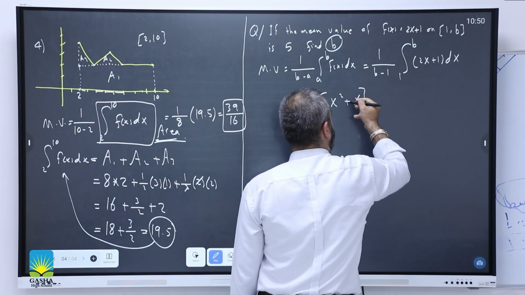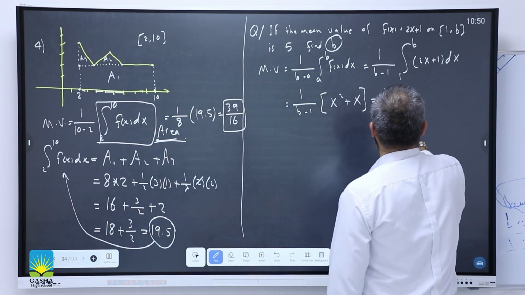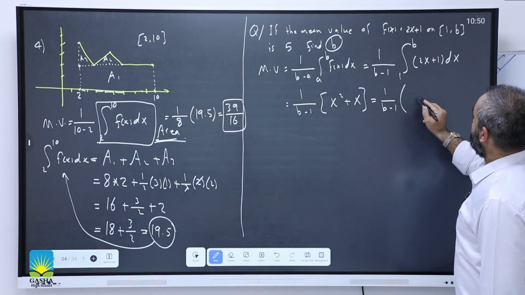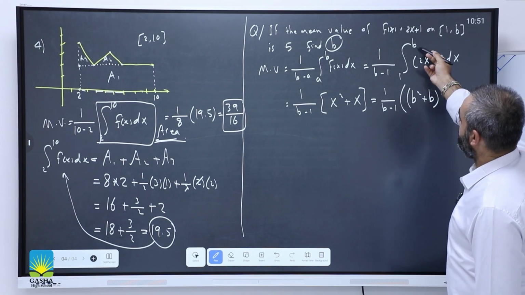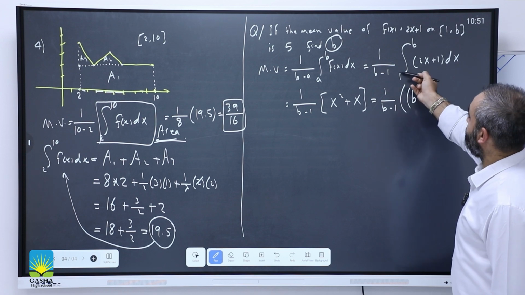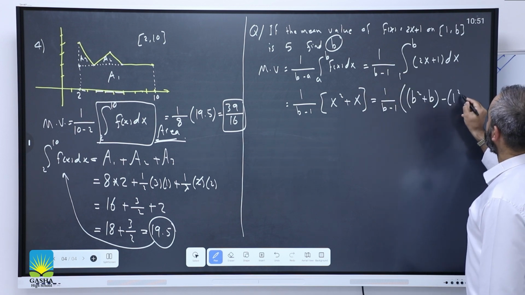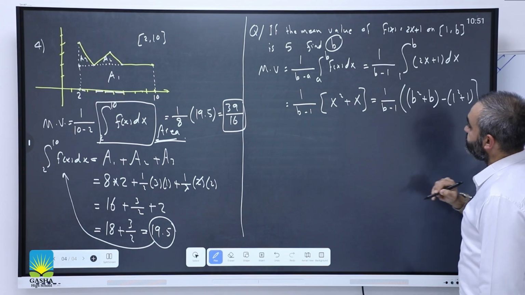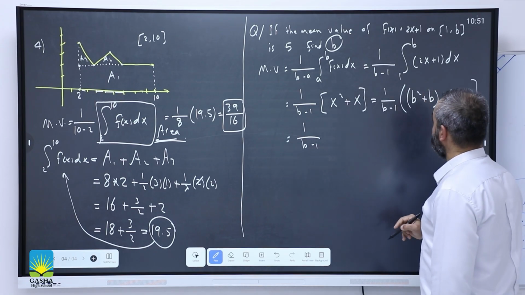And we substitute b here and 1 here. 1 over b minus 1, b squared plus b, so this is about b, minus, and we use 1 in all x, 1 squared plus 1, equal to 1 over b minus 1 here.